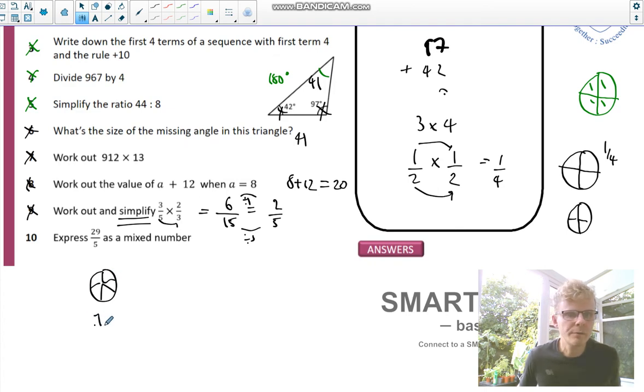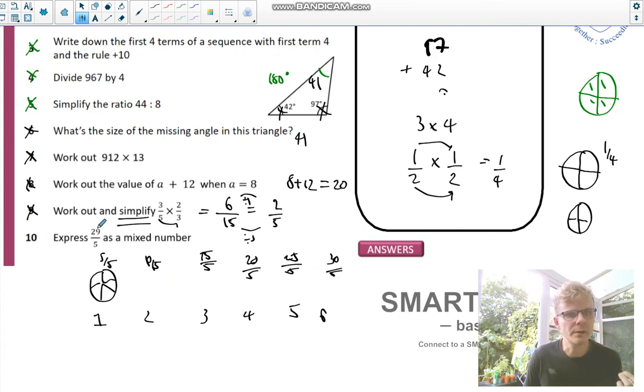So one whole is 5 fifths. 10 fifths, then be another circle, that's 2 wholes in total. 15 fifths, that'd be 3 whole circles. 20 fifths, that's another 5 fifths, would be 4 circles. And 25 fifths would be 5 circles. And then finally 30 fifths would be 6 whole circles, okay? So that would be adding up 5 each time. So I've got 29 fifths.